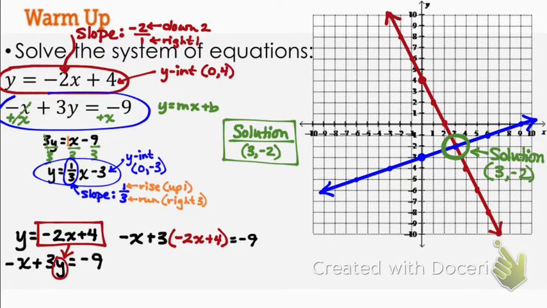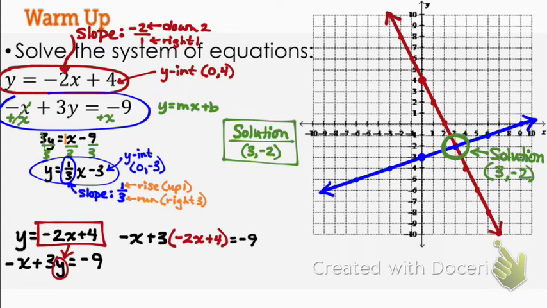What would I do to it next? We're going to solve, so what do I do as I'm solving? What's my next step? Yep, we're going to distribute that 3. And if you said that already, I apologize, I couldn't hear. So I have negative x minus 6x plus 12 equals negative 9. Are there any like terms that I could put together? What can I combine? The x's.